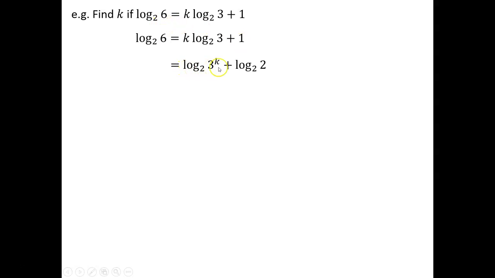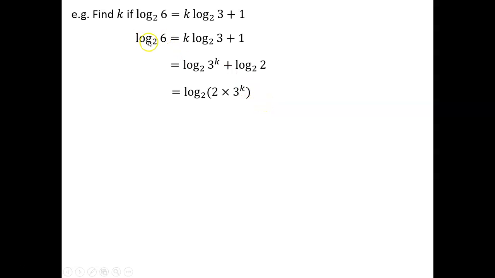Now I've got two logarithms with the same base, so I can use the multiplication law to combine them together. 2 times 3 to the power of k is not 6 to the power of k. Only the 3 is to the power of k, so the 2 stays separate.